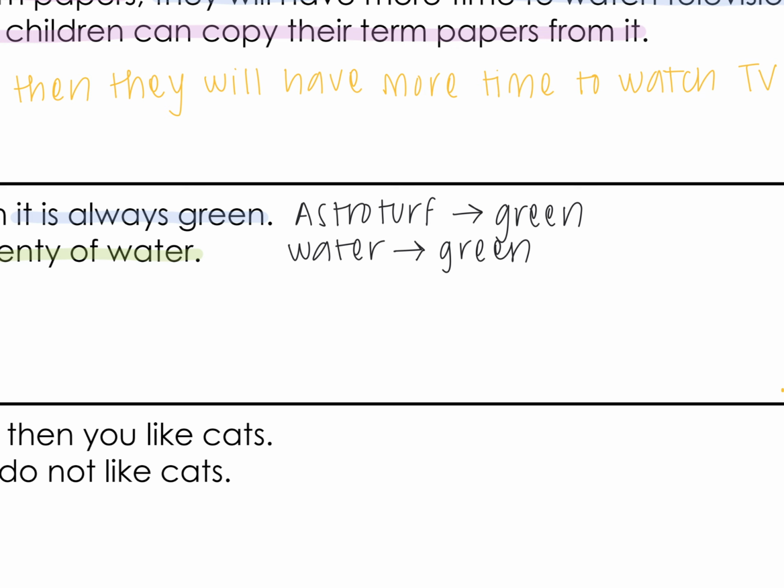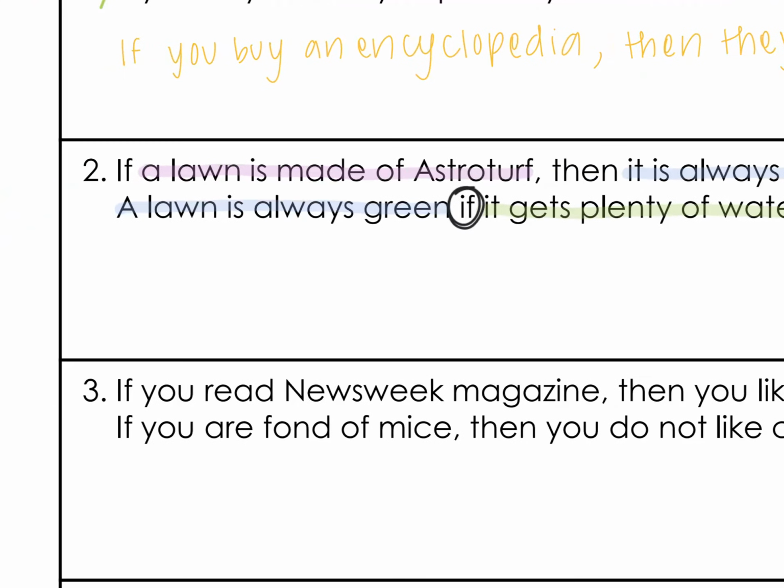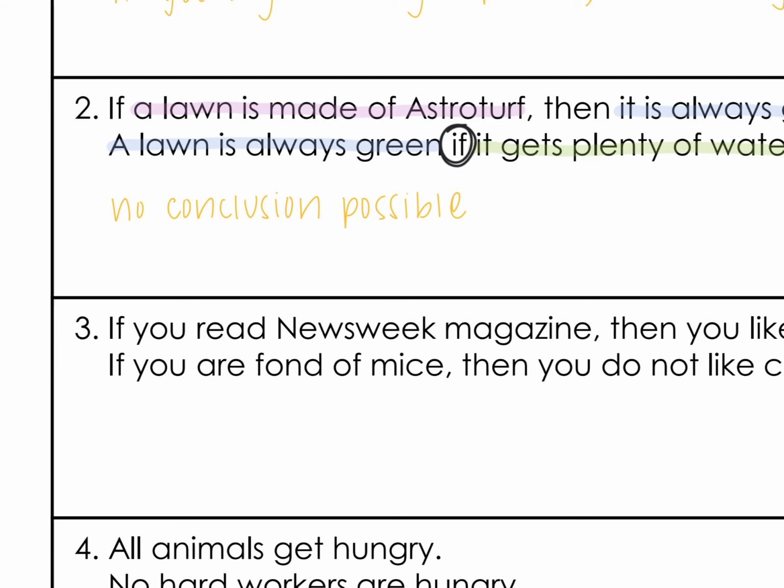If we write that converse or that inverse, that's not always going to be true. So in this case, we're actually not going to be able to come up with a conclusion statement. And so this will be a no conclusion possible answer. Let me just go ahead and write that out. All right, and we can move into number 3.